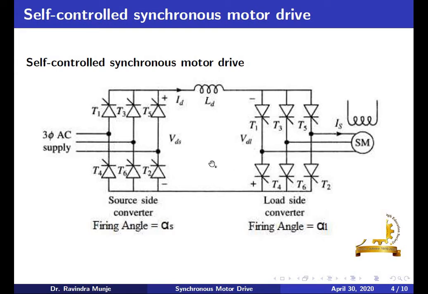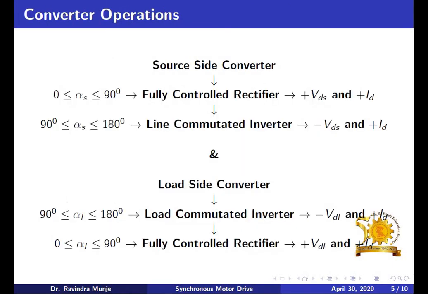Now here this source side converter is a 6 pulse line commuted thyristor converter. Now we will see how these will operate. What are the conditions for that? Initially we will talk about source side converter and then we will talk about load side converter.